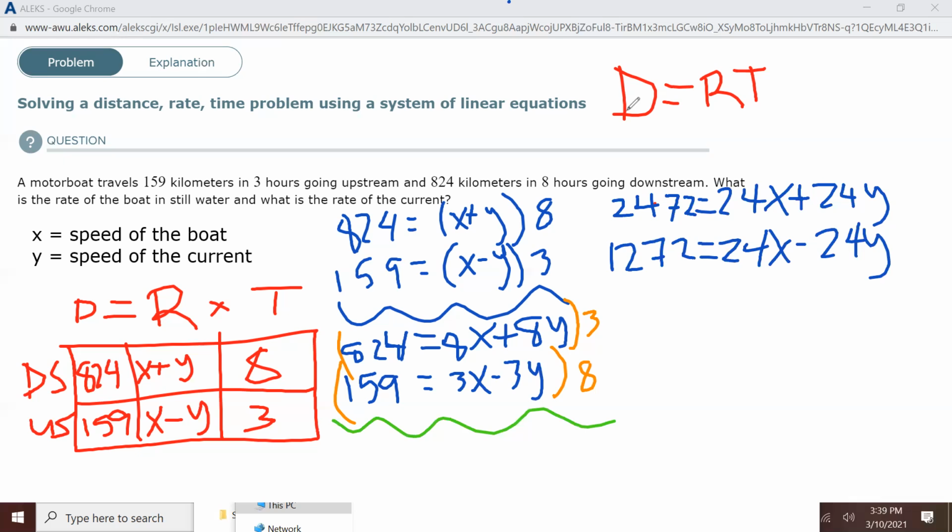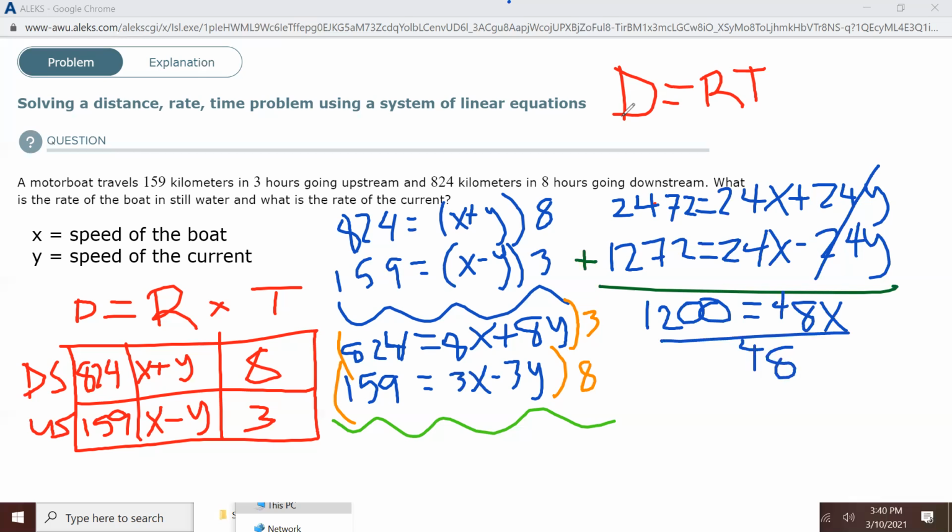Now, when I add the equations together, the y's will cancel. And dividing by 48, I get 25 kilometers per hour.